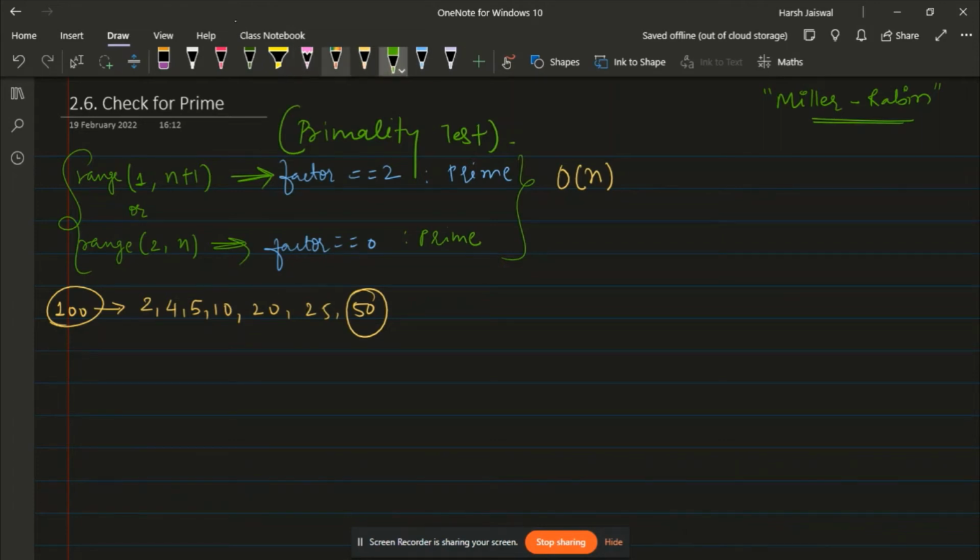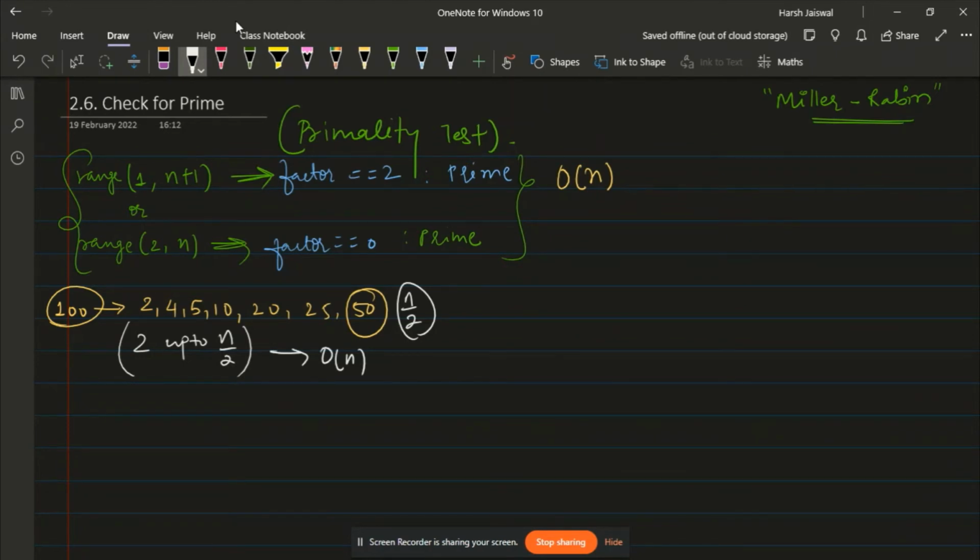And this holds true for all numbers. So we are going to test all possible divisors from 2 up to n by 2. We have decreased our range from 2 to n by 2. Again, we have the same complexity, that is big O of n, but we have decreased our comparisons and divisions. So this is one approach, going till n by 2.